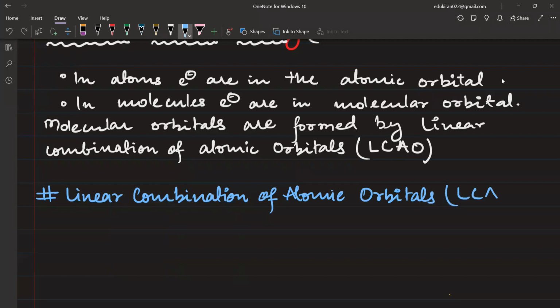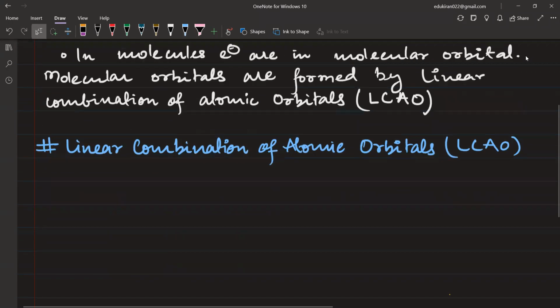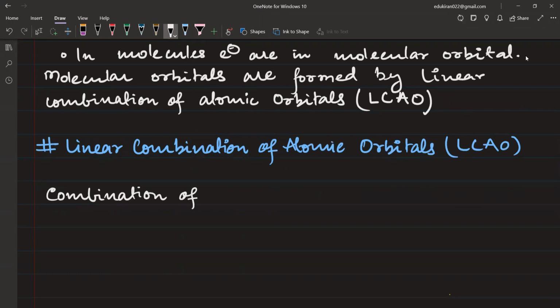This is LCAO. Now, combination of atomic orbitals give rise to molecular orbitals. Okay, give rise to molecular orbitals.